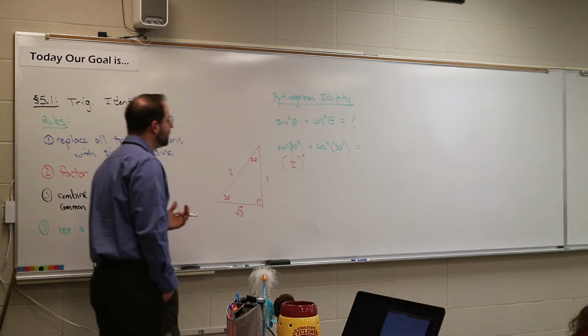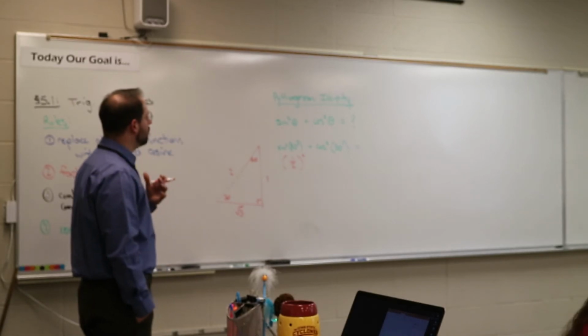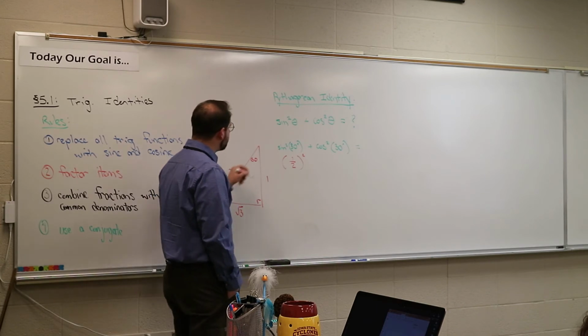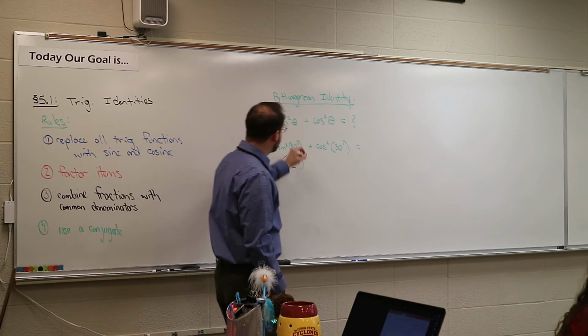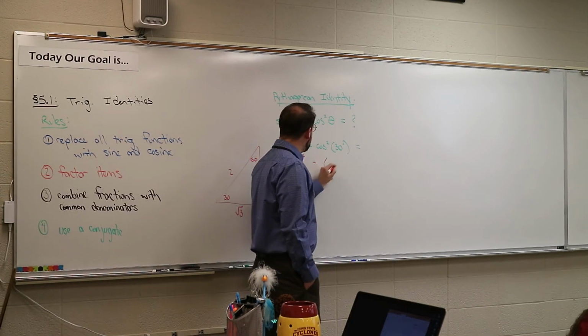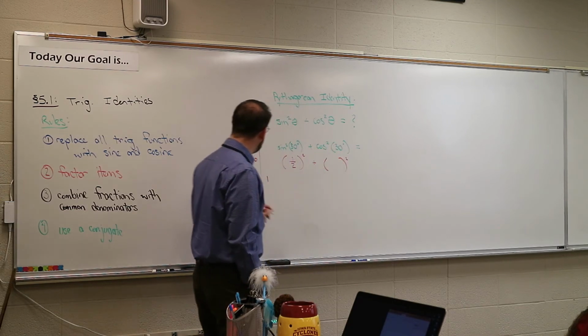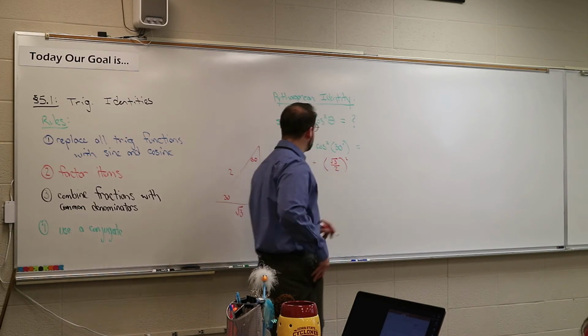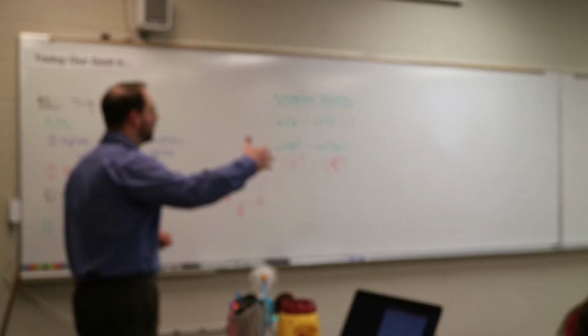So sine of 30 is 1/2 squared. Now, cosine of 30 is root 3 over 2, and we're going to square that one.